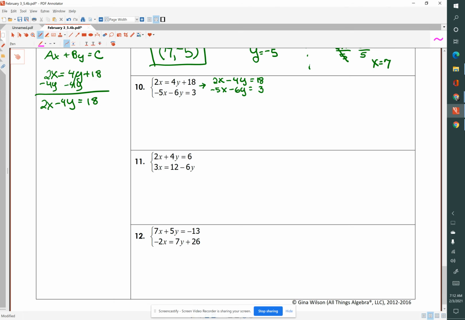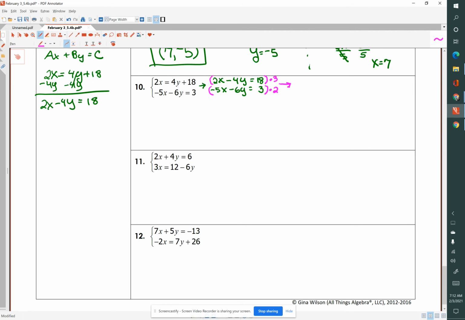So I think the easiest thing to eliminate is the y. We have 2 and 5, 4 and 6. I think that I'm going to go with a least common multiple of 12 between the 4 and the 6. So I'm going to multiply the first equation times 3 and the second equation times 2.